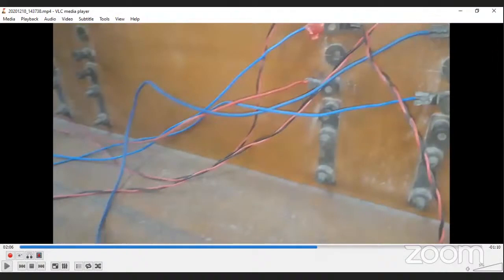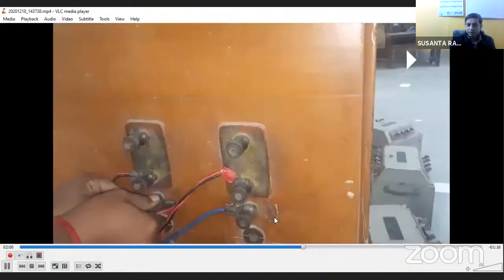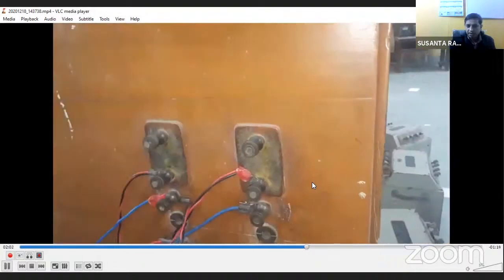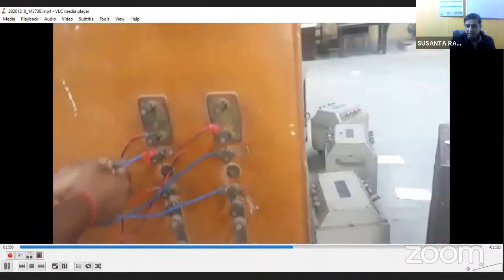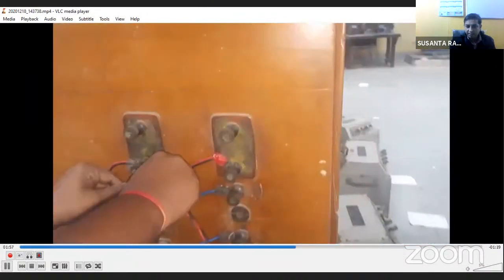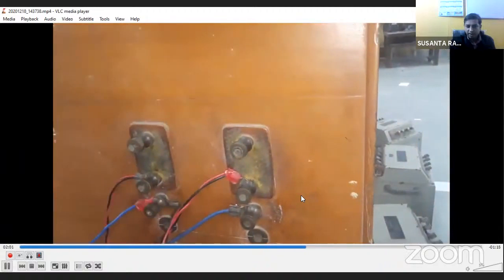Pressure coil. Again, I am showing you. You just see he's connecting a thin cable on the left line, and only one.